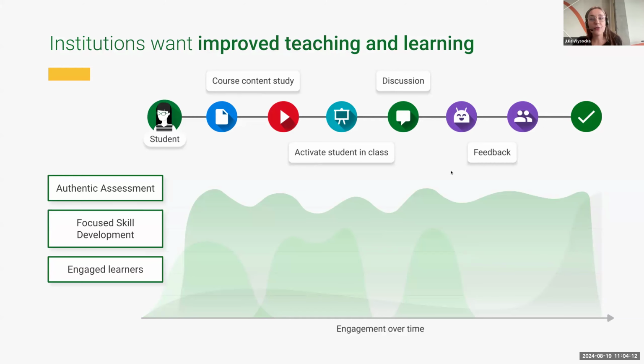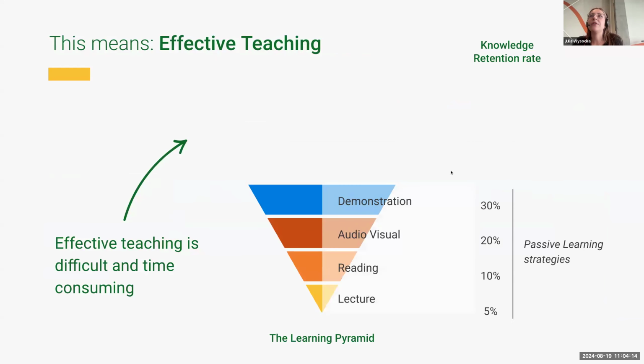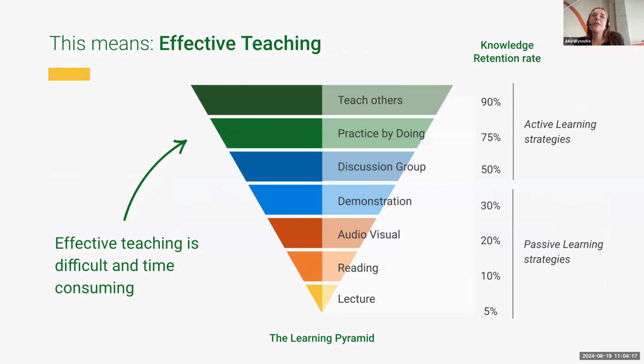So for that, we want to include a variety of different activities. And what you're seeing now on the screen is Bloom's taxonomy, which really says a lot about how students are learning and what are the best methods for them to engage.